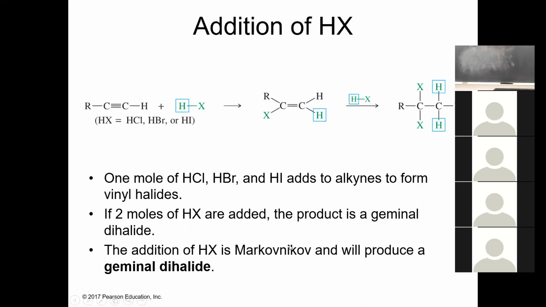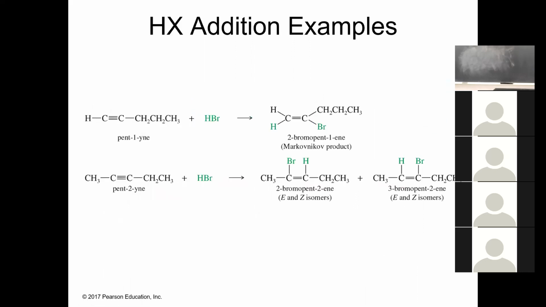Both 1 and 2 equivalents will follow Markovnikov's rule. So for example, we have pent-1-yne. One position is richer in hydrogen, so that side gets the hydrogen. So this is the Markovnikov product.